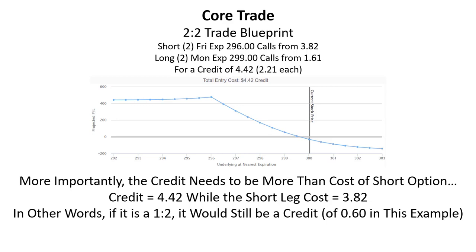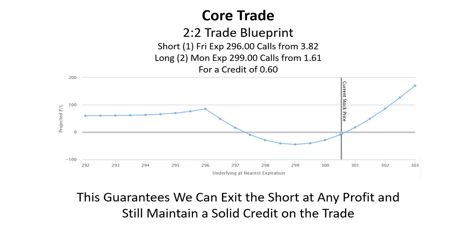Think about that for a little bit as you're looking for these 2-2s, and just kind of make it second nature to know that if you place on a 2-2, the credit has to be bigger than what one of the short options costs. This guarantees that we can exit the short at any profit.